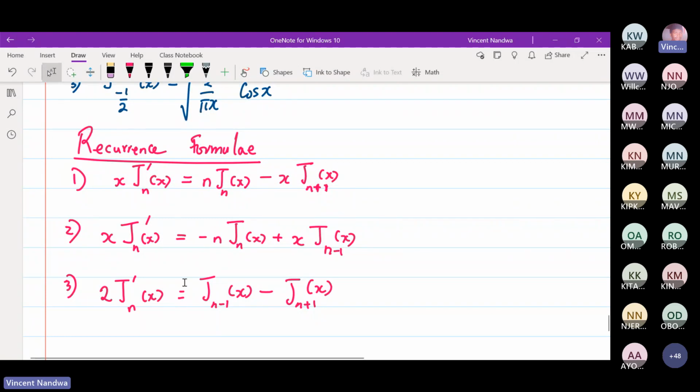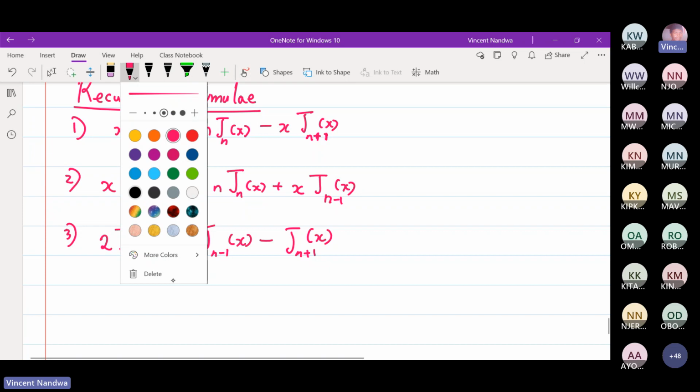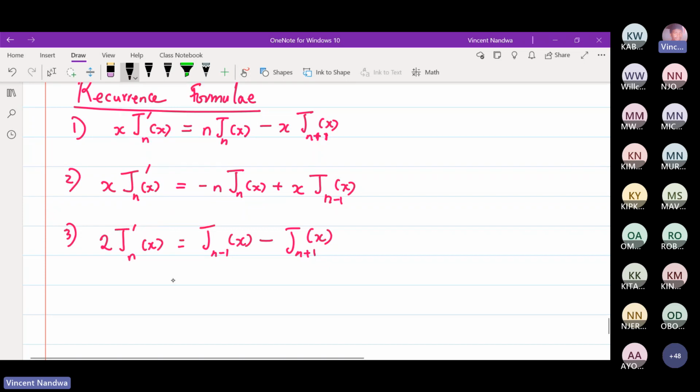Sometimes some differential equations are expressible in Bessel functions, so you can convert some differential equations into Bessel differential equations. So, equations convertible or reducible to Bessel differential equations.